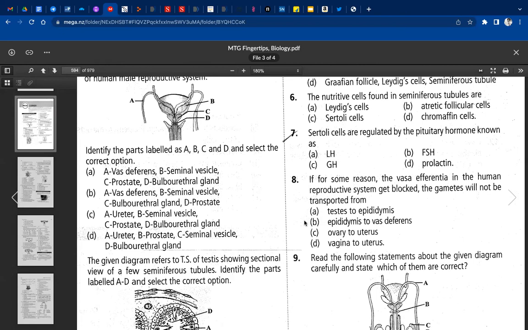If for some reason the vasa efferentia in the human reproductive system gets blocked, the gametes will not be transported from. Time starts now. Don't fall for the devil, Arpit. No need to be fast. You have 1 minute. Be correct.